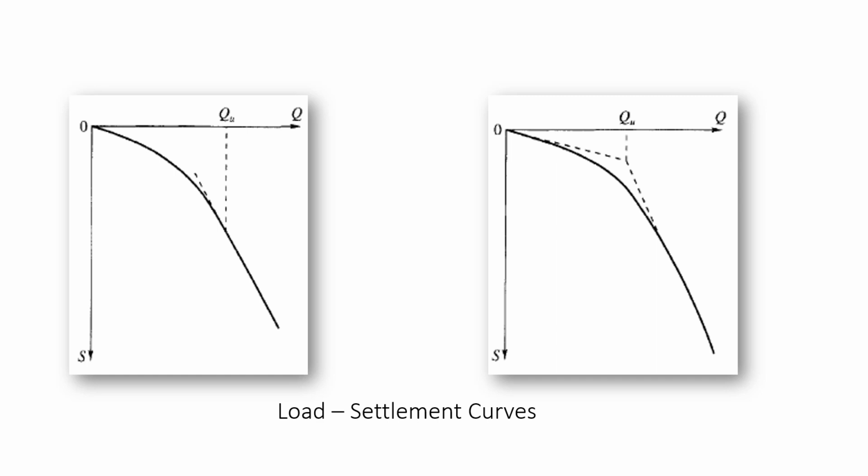In this case, you can see a linear portion is there. The starting point of the linear portion is taken as the ultimate bearing capacity. In this case, you can see there are two general slopes. So what you will be doing is taking the initial tangent and final tangent, and the meeting point of those tangents will give you the ultimate bearing capacity of the pile.